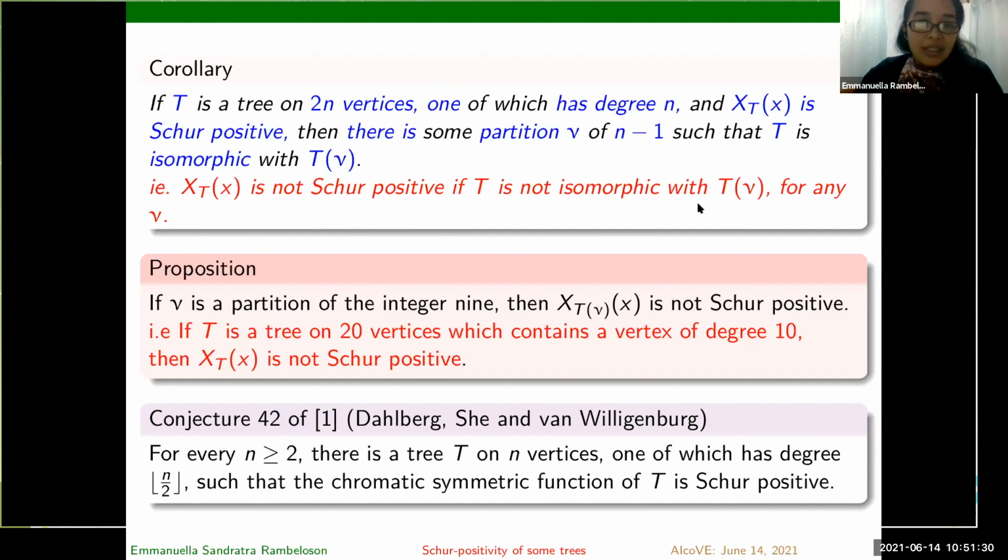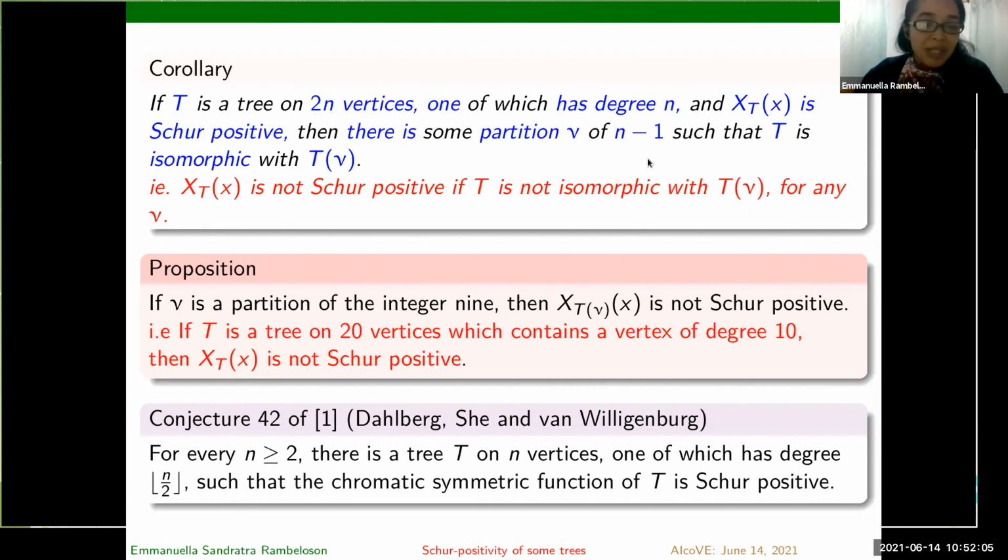Because of this corollary, we can reduce the number of trees that we need to check, since if T is not isomorphic with one of these trees, then immediately the chromatic symmetric function of T is not Schur-positive. Of course, when n gets larger, the number of partitions of n also gets larger, but at least we can reduce the number of trees that we need to check.